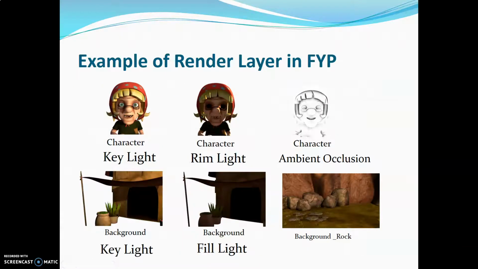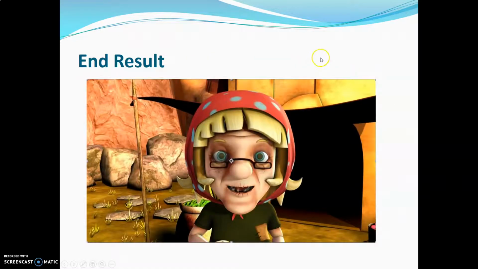As an example, we have the character and the background, and we're just going to use the key light as an example, and this is what the rim light looks like. This is the key light for the environment, and this is the key light for the background, and this is the AO. When we put it all together, this is what the result looks like.